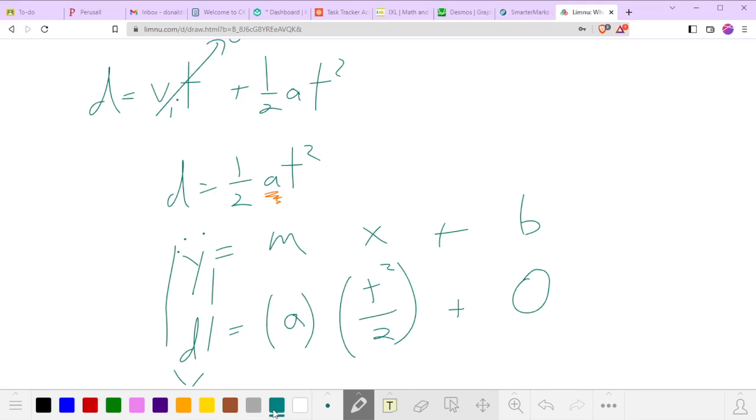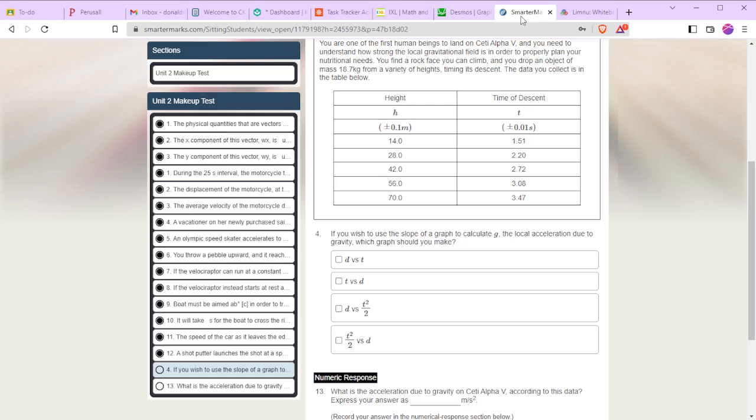So we are going to edit our lists on our calculator. List 1 is where our x's go. That'll be t squared over 2. We can actually type those numbers in. So if I enter 1.51 squared divided by 2, the calculator gives me 1.14 and so on and so forth.